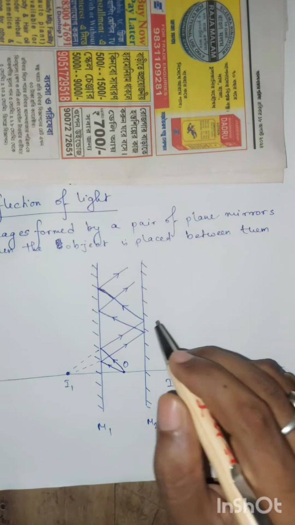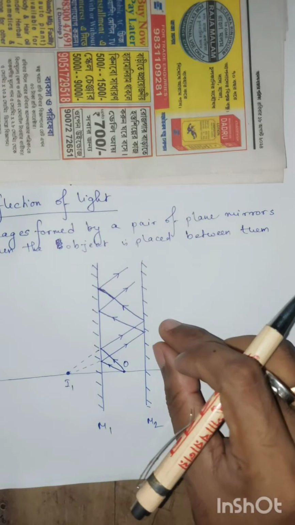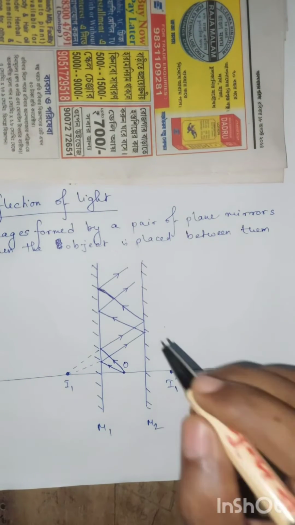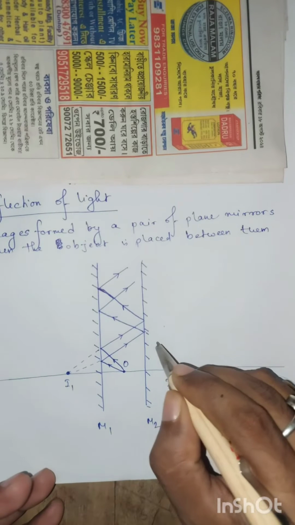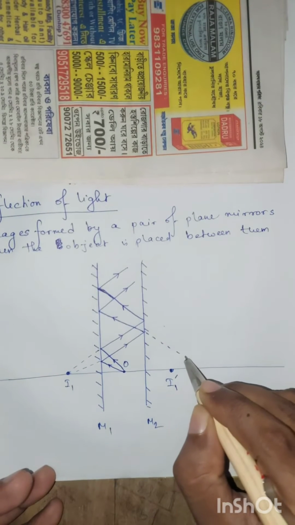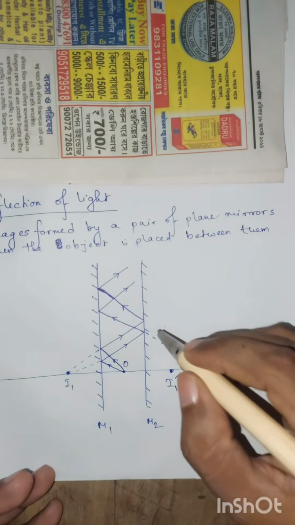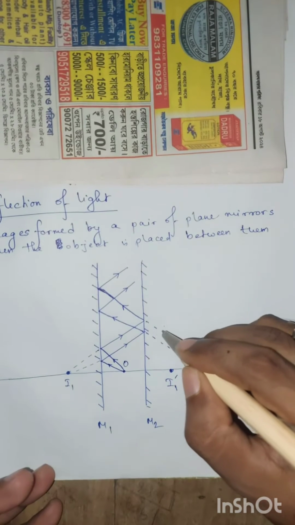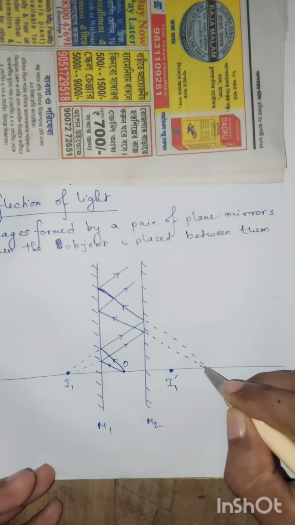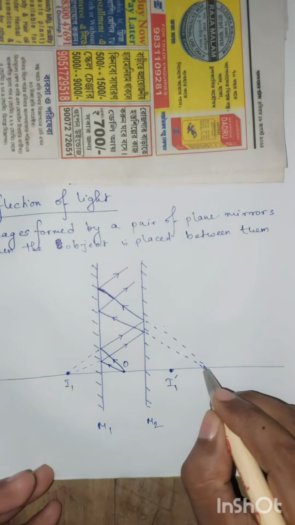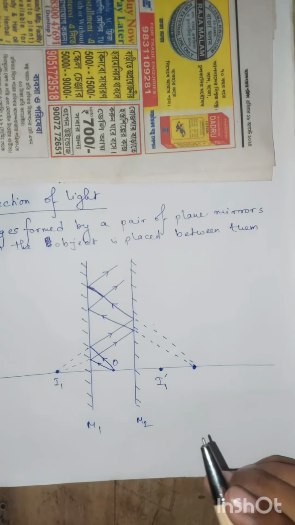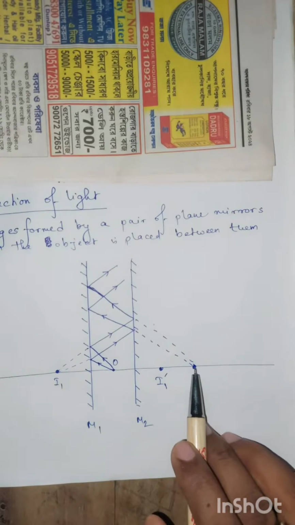Now if we drag these rays backwards, that means we are now talking about second reflection. So this is our second reflection. Now we are dragging these rays backwards. Okay, so we are getting another image.